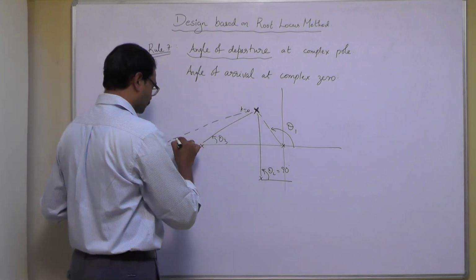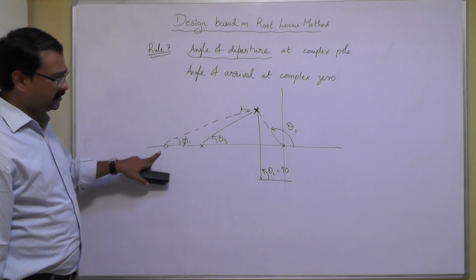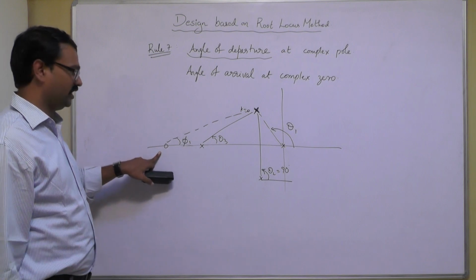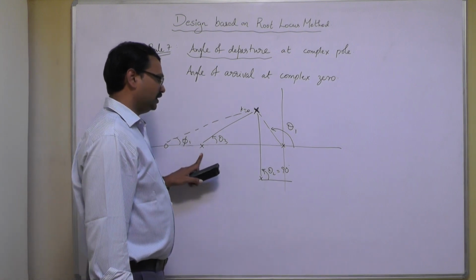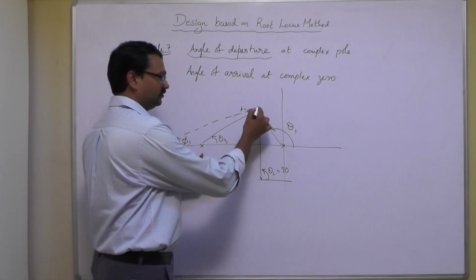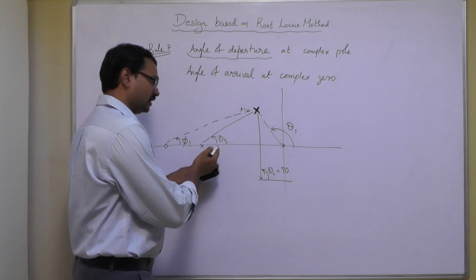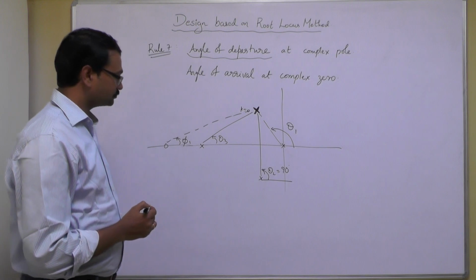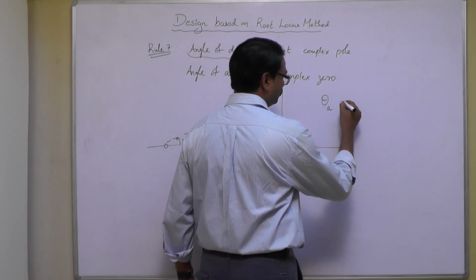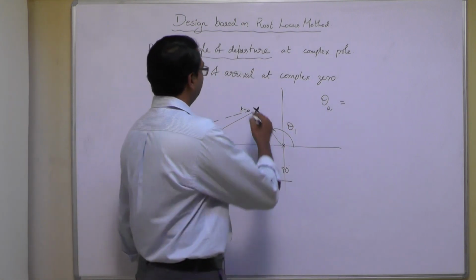The angle contributions at any zero must be given as phi, and the angle contributions by the other poles, because I want the angle of departure at this pole. Therefore, I want the contributions from other poles and zeros. So then theta A, that is the angle of departure.